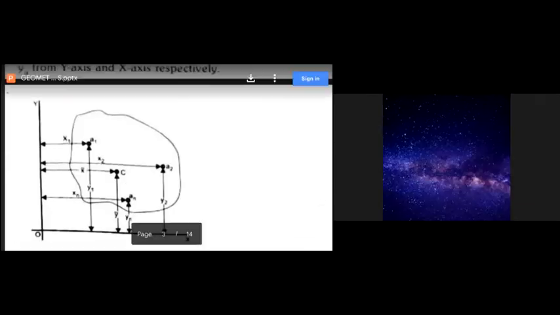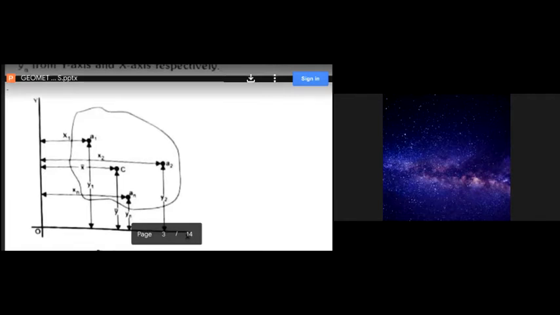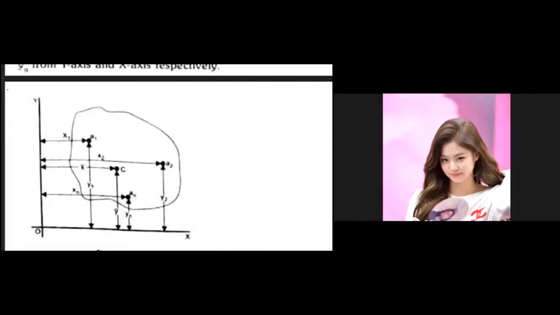Take a total plane surface and divide this plane surface into a number of particles. Let A1, A2, A3 and so on, AN be the areas of the particles, that is, small segments.